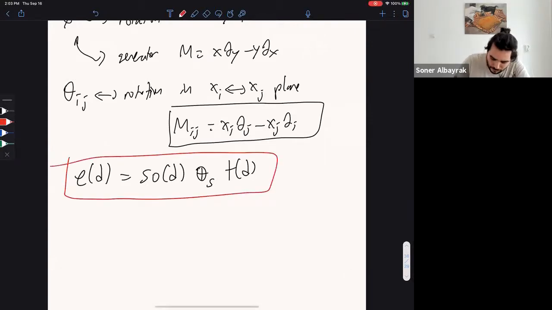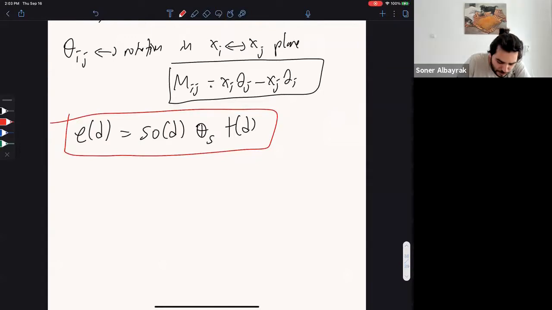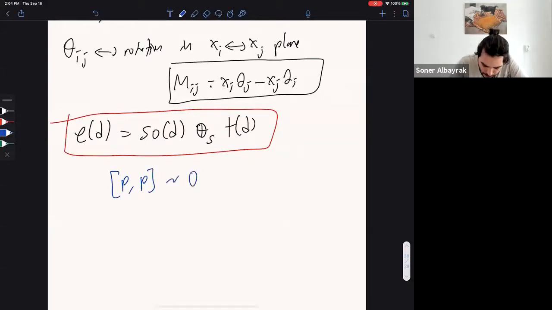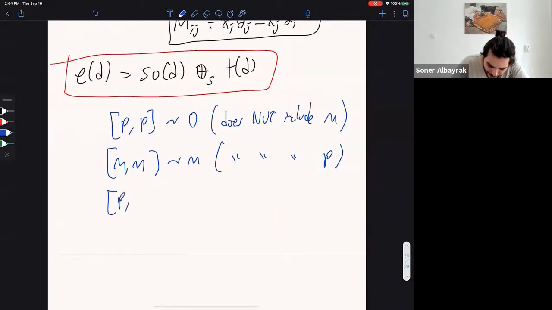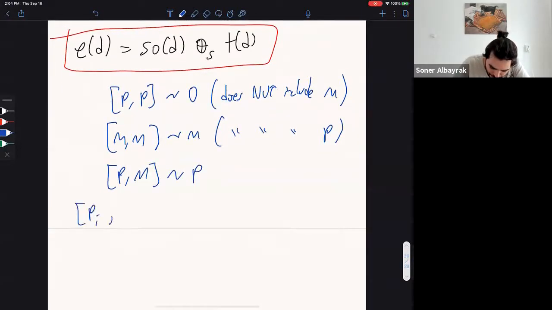When I say semi-direct, that's because the commutator of P and P is 0, it does not include M. The commutator of M and M is proportional to M, does not include P. And the commutator of P and M, which we can check, is proportional to P. Actually we can check it: say P_i with M_kl would be something like that.